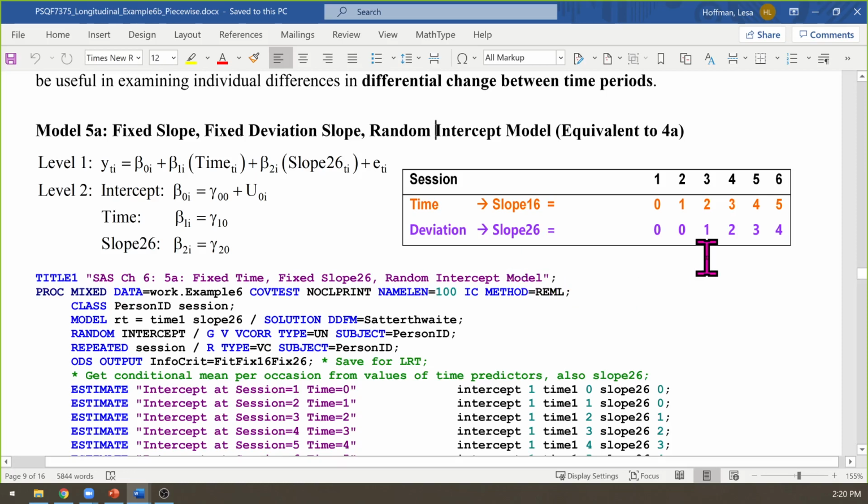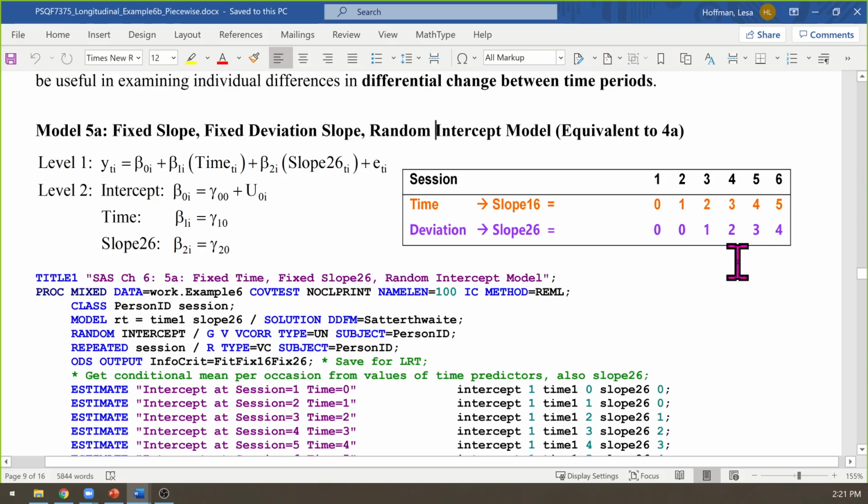So think back to linear regression and the difference in what your slopes are if you have a predictor by itself versus if you have another predictor that's correlated with that predictor. The slopes go from bivariate relationships to unique relationships. Same here. So the purple part here is like after controlling for the overall rate of change, what is the difference?